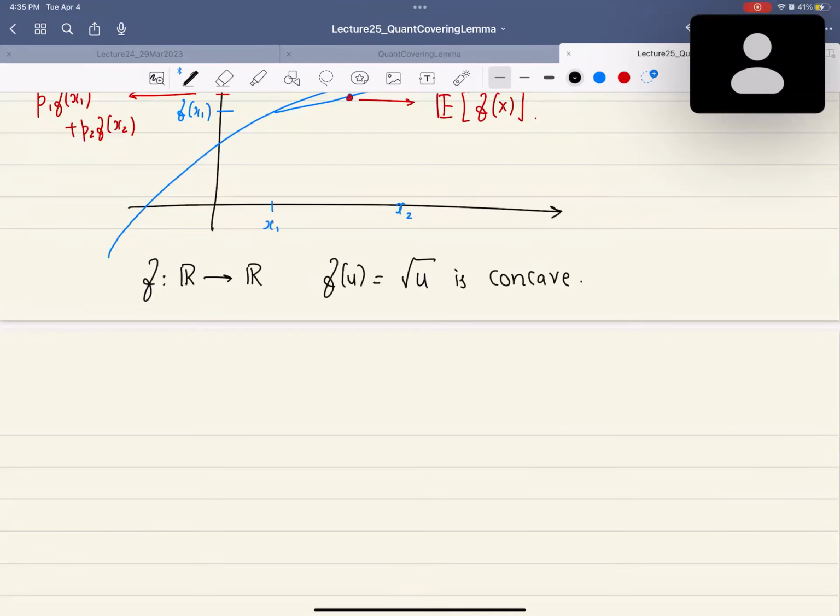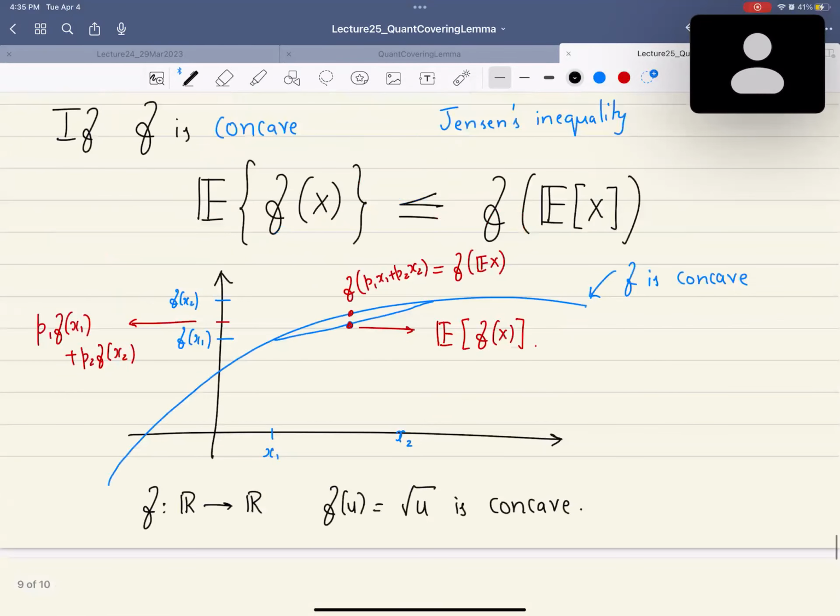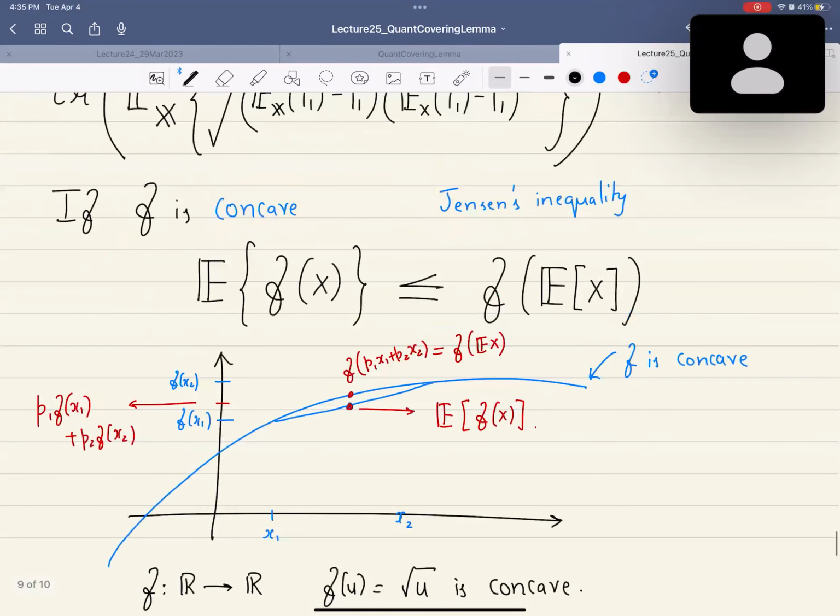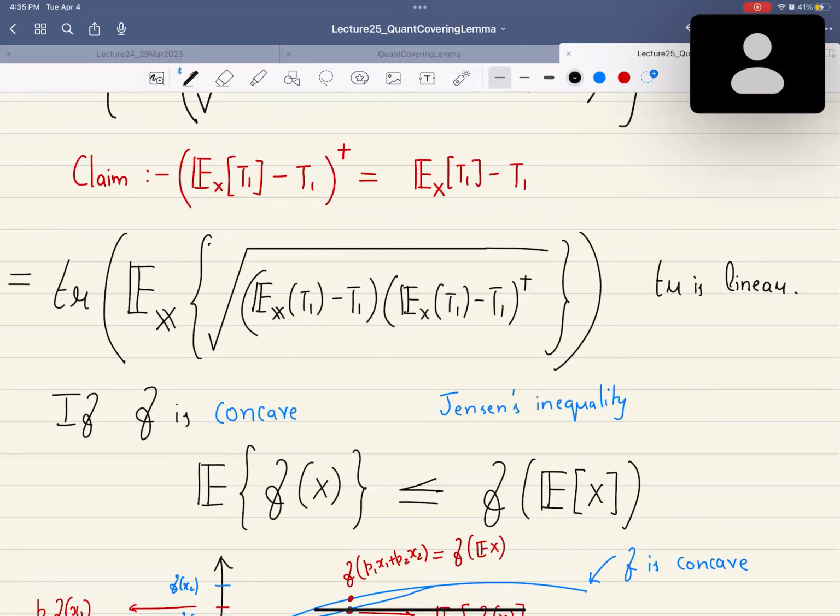But now we are trying to see if I can pull the expectation inside the square root. This is a completely different beast, because I have an operator sitting inside, a self-adjoint positive semi-definite operator, and I'm looking at the root.